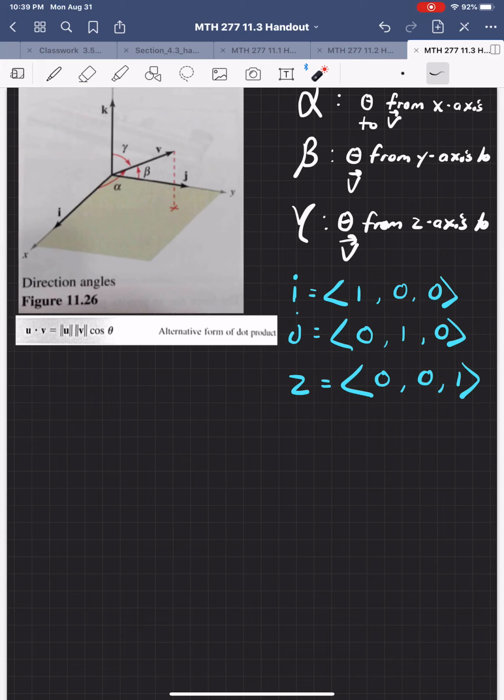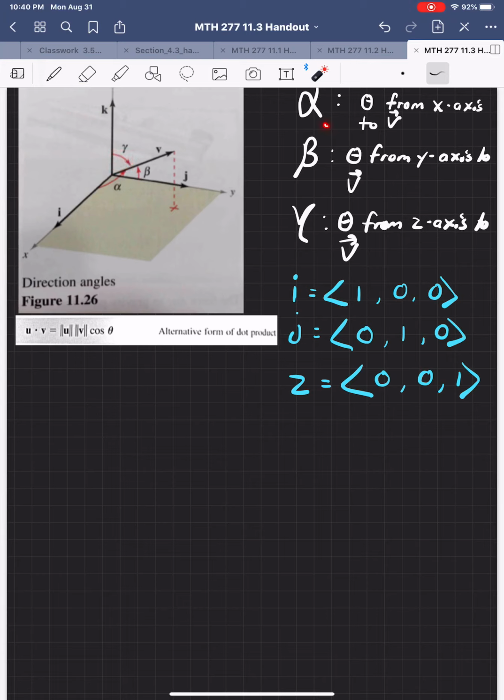So, for example, alpha, right here, is the angle from the x-axis to the vector. And then beta would be the angle from the y-axis to the vector. And finally, gamma would be the angle from the z-axis to the vector.